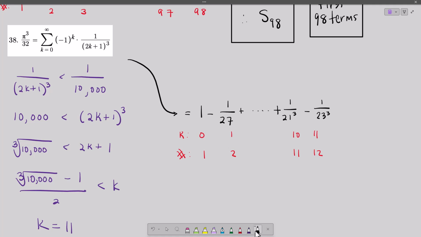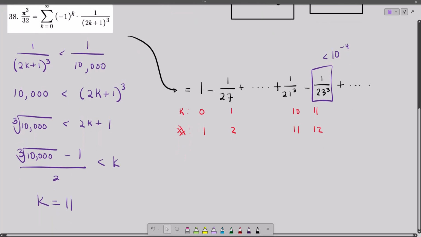This goes on forever, but this is the first term that's less than 10 to the negative 4. When k is 11, this inequality is going to be satisfied for the first time.